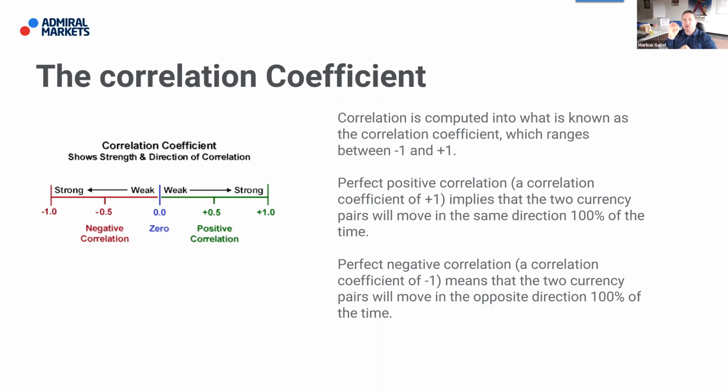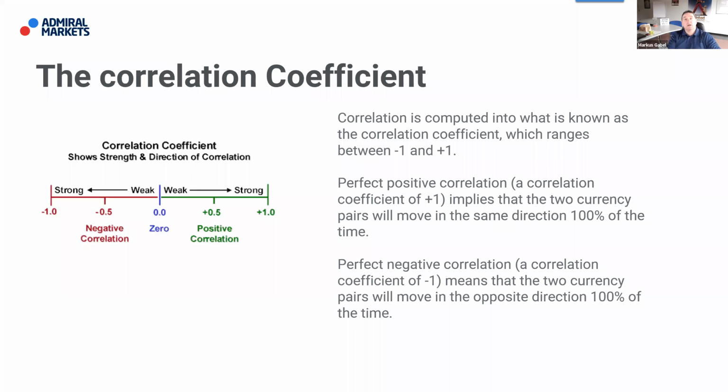And two currency pairs, that's more than one. One pair means EUR/USD. So it implies two currency pairs, for example EUR/USD and USD/CHF on the other side. Two currencies, one pair; two currency pairs. Please be aware of that.